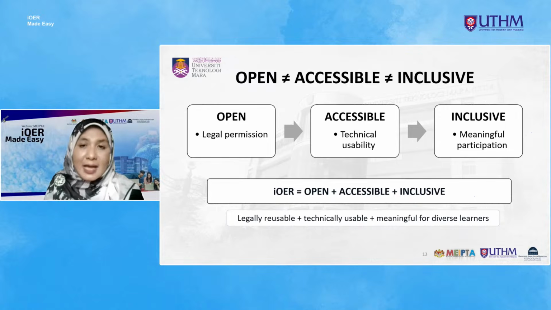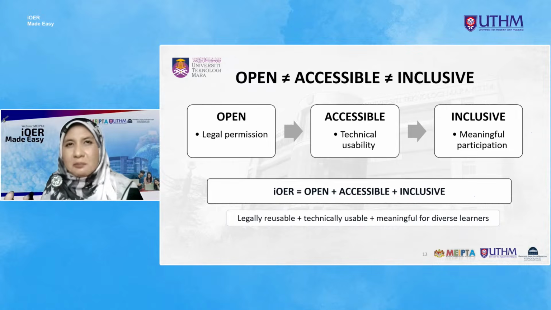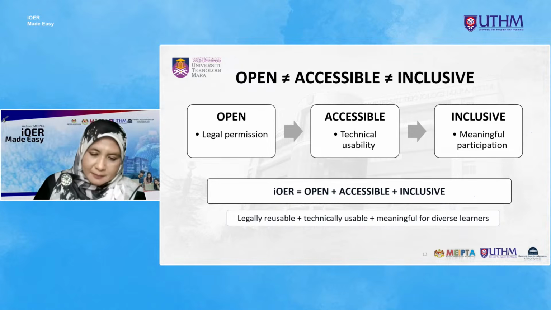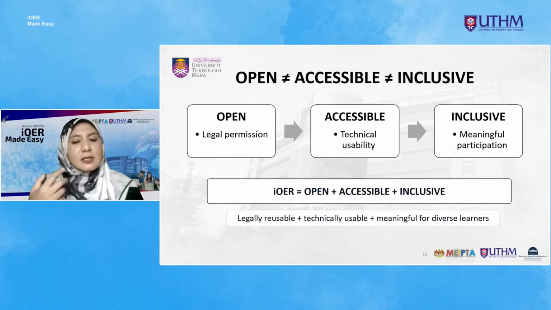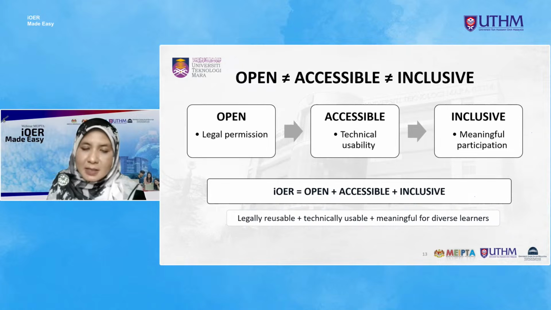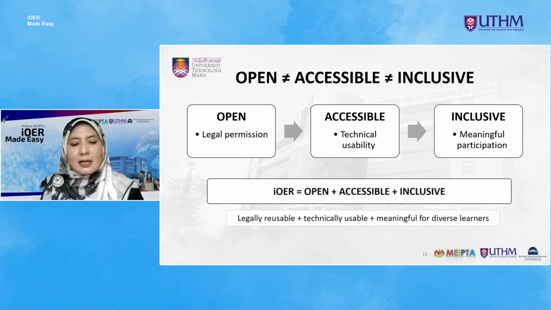But when you scan, it is a scanned image converted to PDF, so it is not accessible. A resource may be technically accessible, but the examples are culturally distant, the language is too complex, or the format assumes high-speed internet.